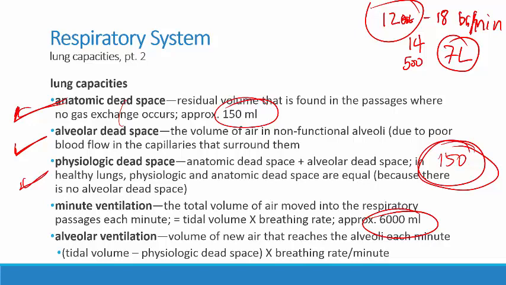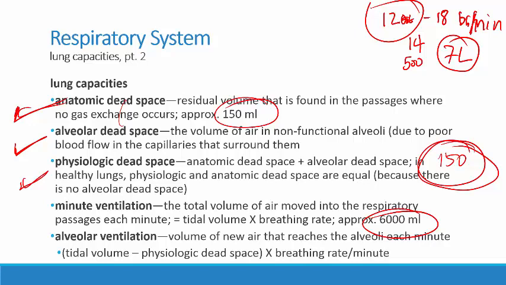And then alveolar ventilation, this is the volume of new air that can reach the alveoli every minute. And this is a harder one to measure. But again, you want to look at tidal volume and subtract from it the physiologic dead space, that area that is always going to be non-transferring for oxygen and CO2, and multiply that number by the breathing rate per minute.